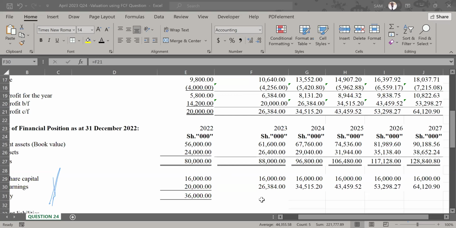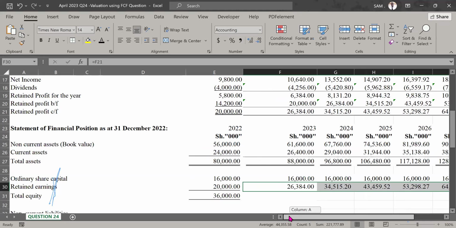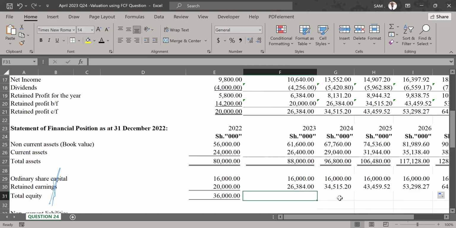What I said about ordinary share capital, we have not seen any elements or any adjustments affecting ordinary share capital. So we haven't done any computations on ordinary share capital. Why haven't we done? We know the factors affecting ordinary share capital.